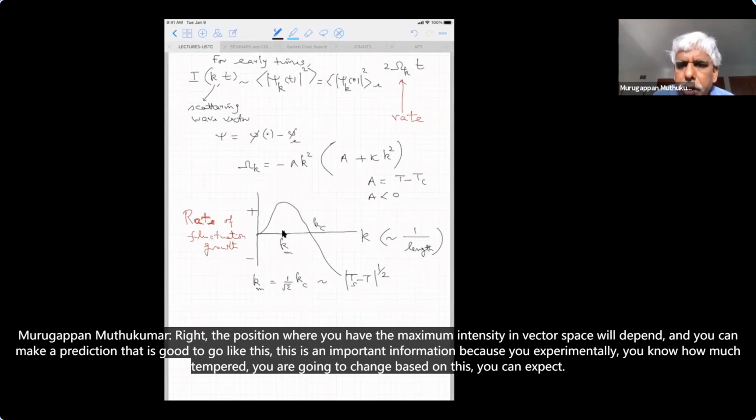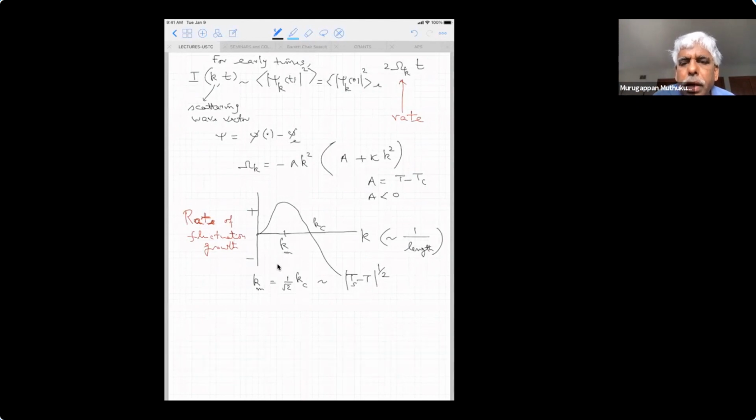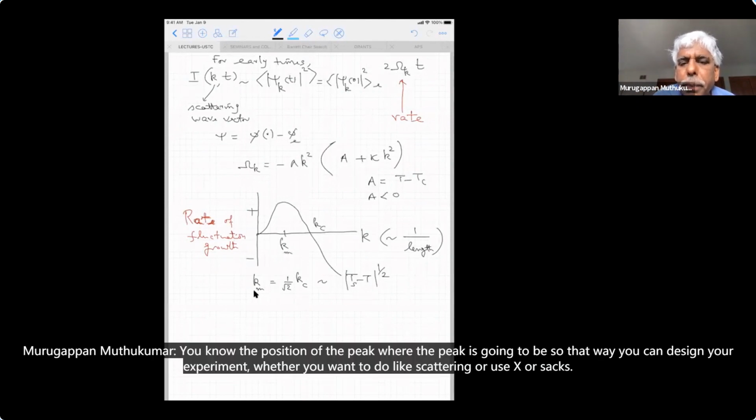And you can make a prediction that it is going to go like this. This is important information because experimentally, you know how much temperature you're going to change. Based on this, you can expect the position of the peak, where the peak is going to be. So you can design your experiment, whether you want to do light scattering or USAXS or SAXS.